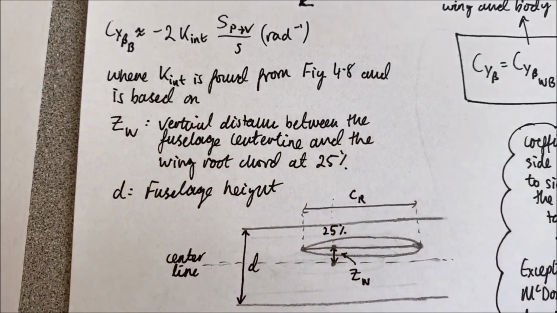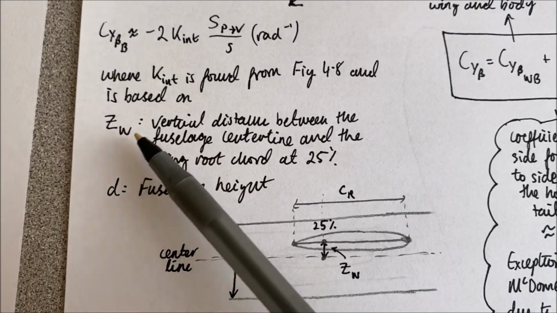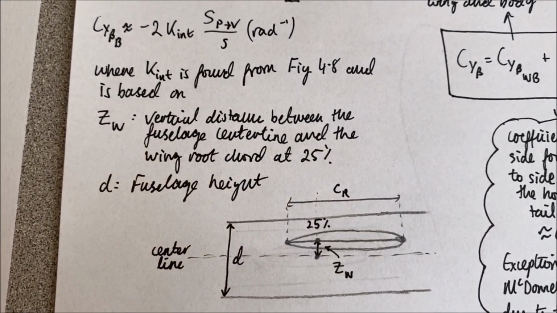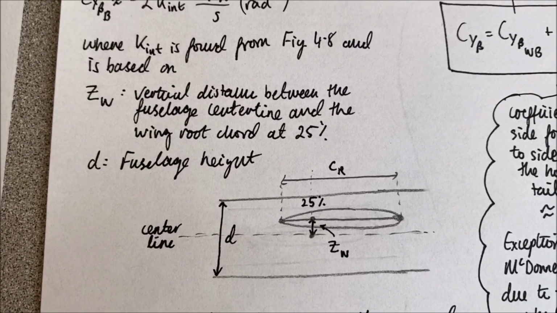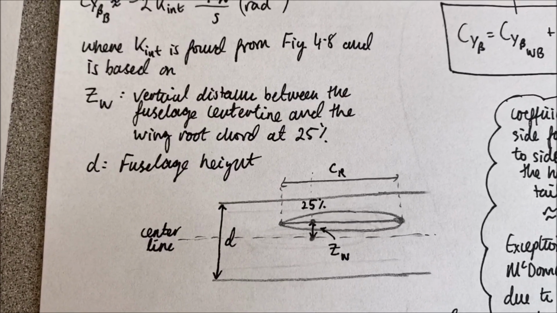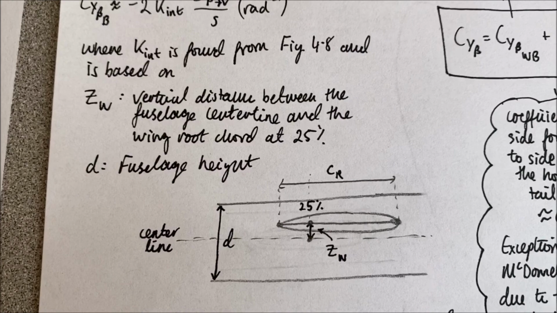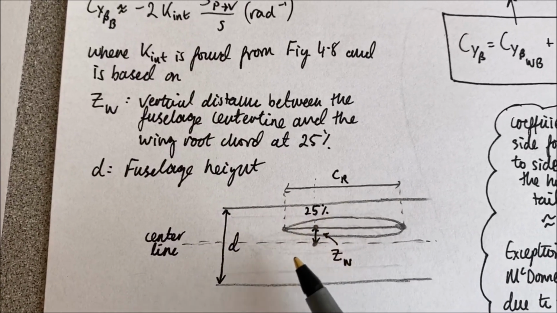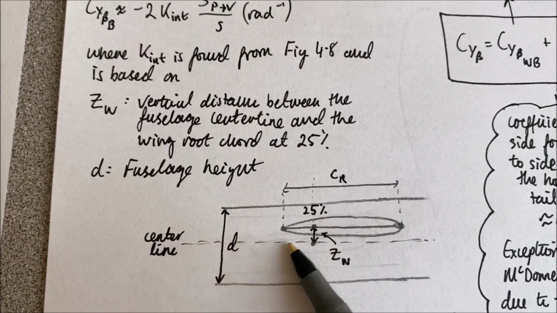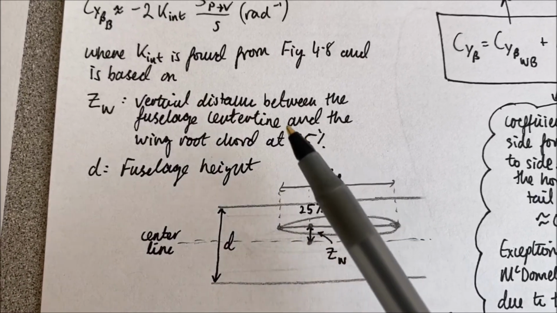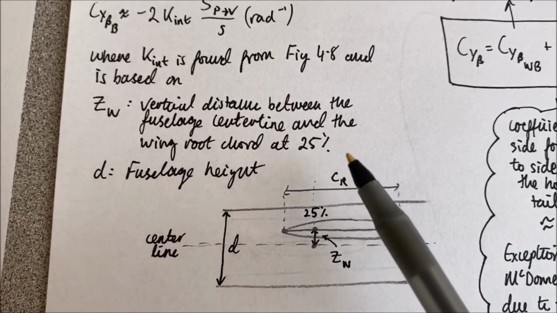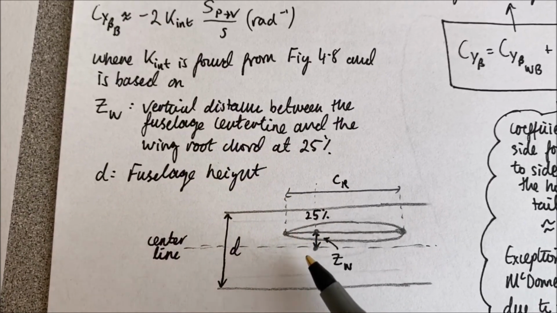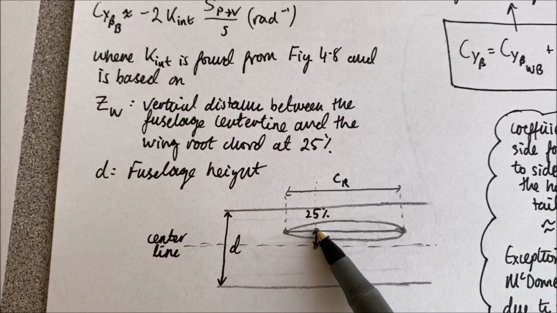First of all, this parameter z sub w, and that is the vertical distance between the fuselage centerline. So imagine this is a section of my fuselage and here's the wing. So the fuselage centerline is this one here. That's the vertical distance between the centerline of the fuselage and the wing root chord at 25%.